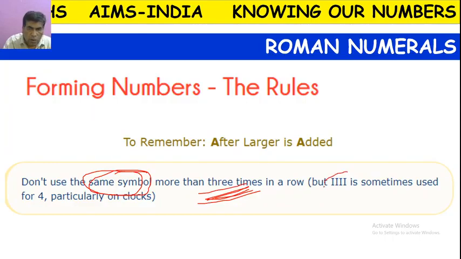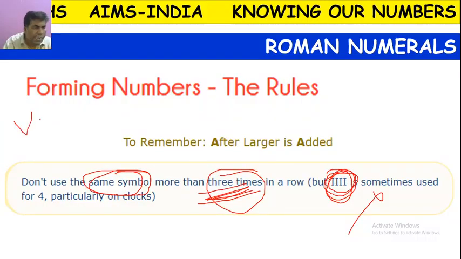Here, 4 times they have written, which is wrong. So we should not add more than 3 times. For 8, we have 5 plus 1 plus 1 plus 1. Already 3 times we have added.